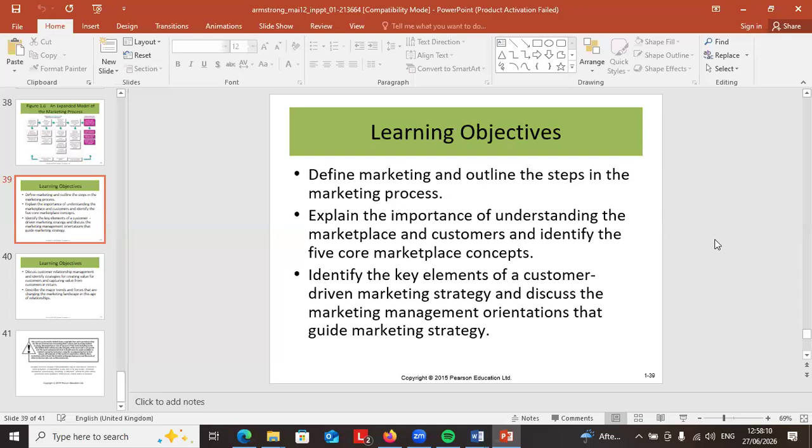And so this definition actually satisfies the ability of marketers to create goods and services for consumers, society, etc.